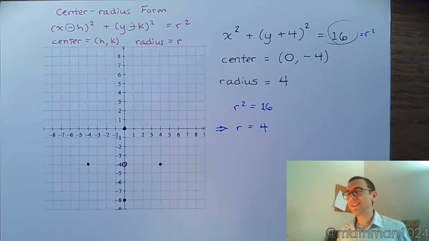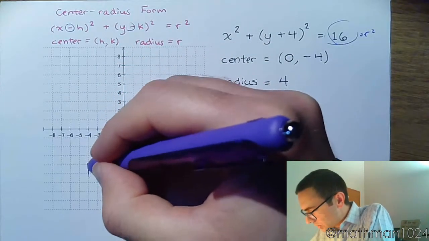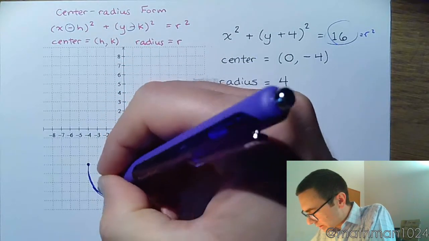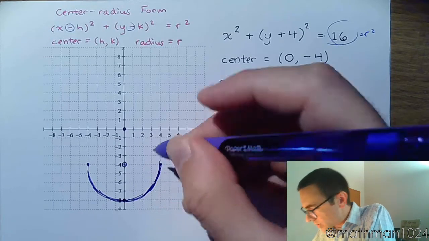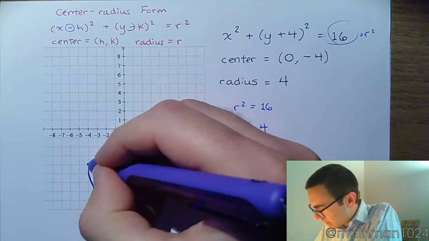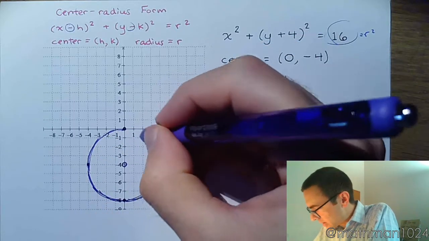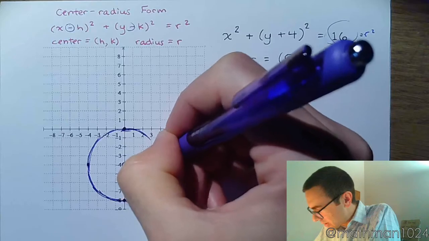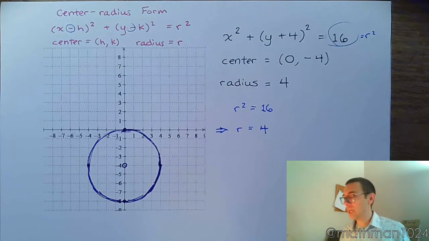Draw a circle, not a square, not a diamond, but a circle. Circles are kind of round-ish. So it should look something like this. Yes, I know that my circles are not going to be perfect. I'm just trying to do my very best to draw a circle. So something like that. And that's it.